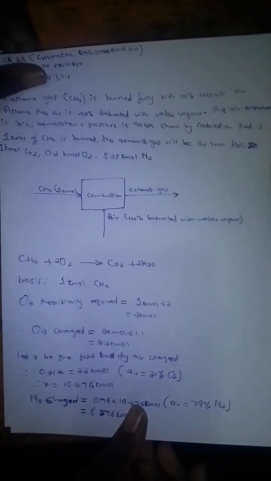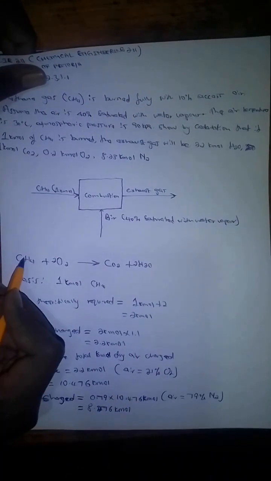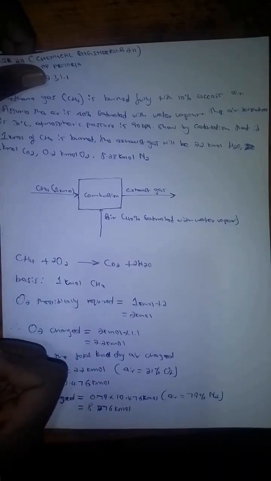So a second thing we know of the exhaust gas is that nitrogen is 8.276 kilomole. We have established that we know the oxygen and the nitrogen in the exhaust gas. Now we can go back to the reaction and ask, what else do we have in the exhaust gas? When all of the methane reacts with 2.2 kilomole of oxygen, it forms carbon dioxide.